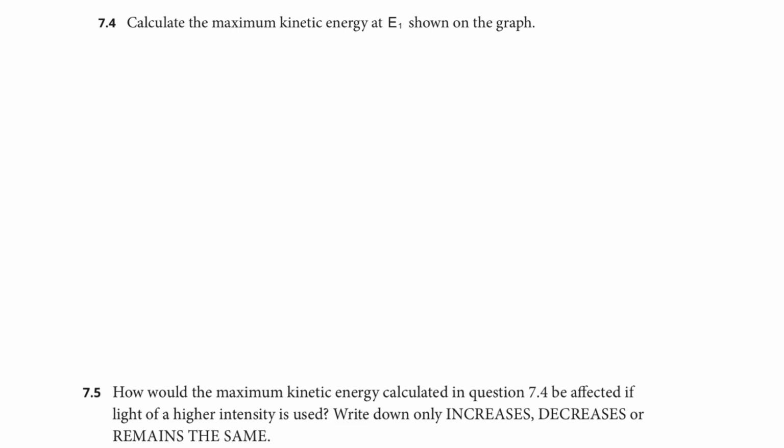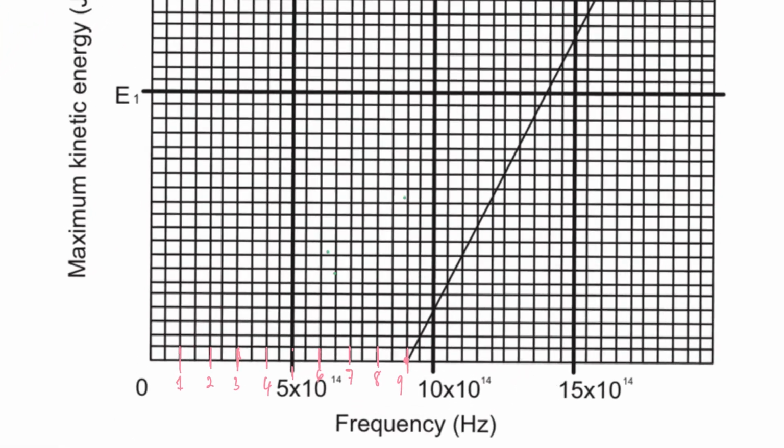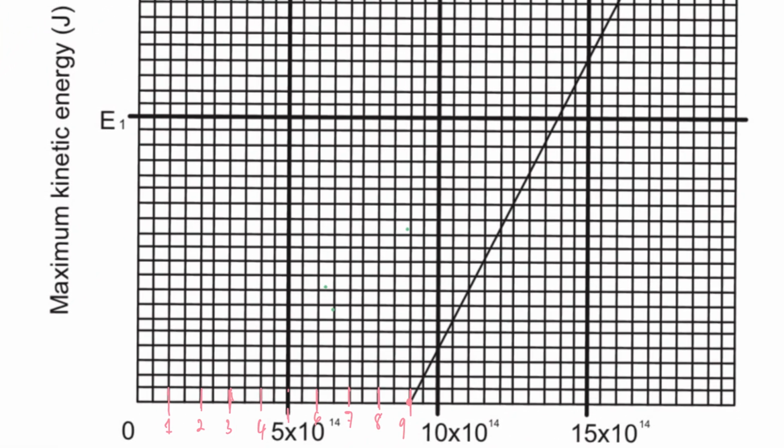Right, question 7.4. It says calculate the maximum kinetic energy at E1 shown on the graph. So at E1 we're looking at the EK max. Now you go back to your graph, go to E1 and see where that coordinate is, and that coordinate is all the way over there.